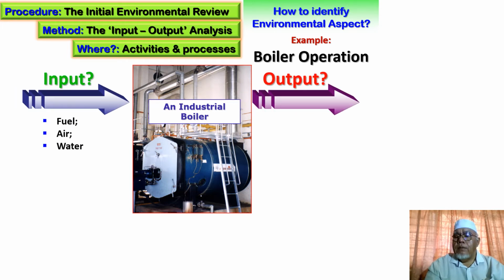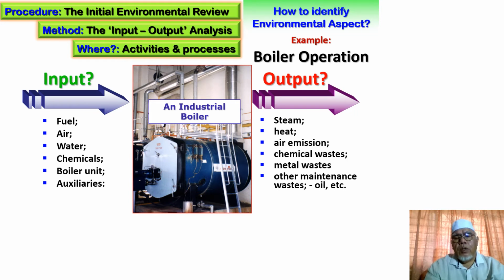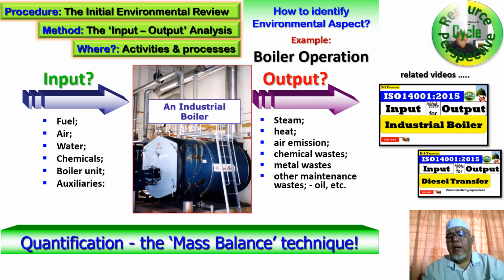Now this is a recap of the input-output analysis, which we have done in earlier videos. Just in case you just joined us in this video, you have the luxury to look back at all these other videos that we have displayed on your right side over there. Now, input is anything that comes into our process, and a boiler itself, a unit boiler, is an environmental aspect.